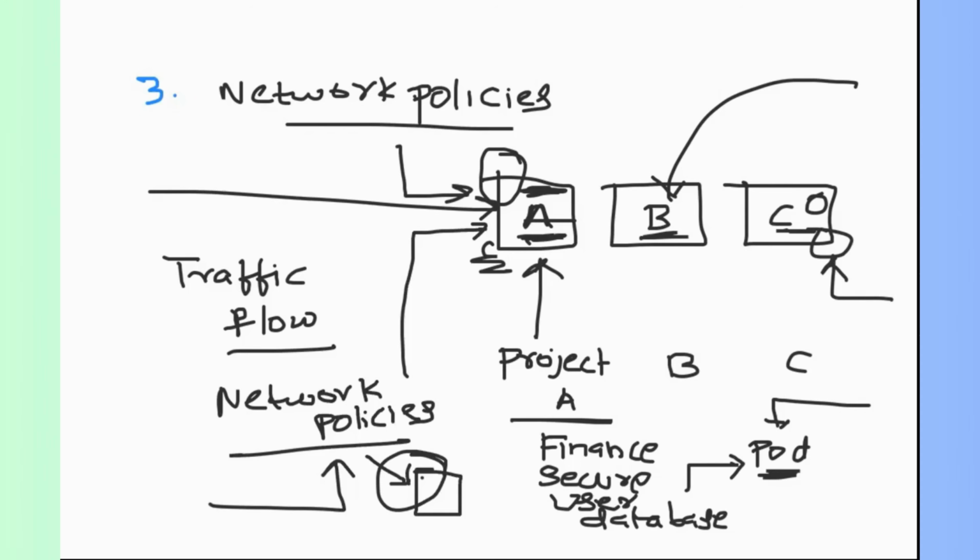This way you can hide the user information, or any sensitive information of your organization. And sometimes your organization has very strict compliance rules. All of these things can be handled using network policies. But don't worry, you will understand network policies more when we do the practicals, because this is more like a practical topic than a theory topic.